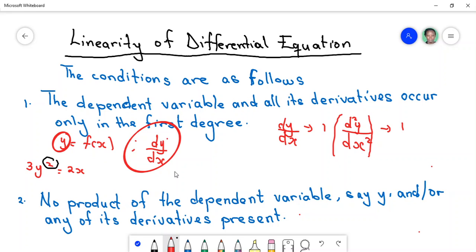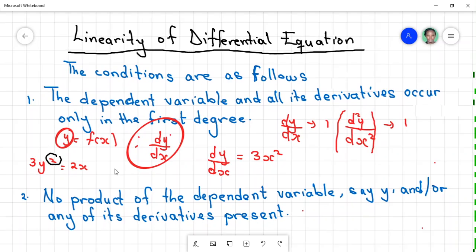So let's say I have dy over dx equal to 3x squared. What is our dependent variable? It is y. What is the degree of y here? It is to the power 1. And the derivative in my differential equation is also of degree 1. Then it is linear. But is that the only condition to say a differential equation is linear?